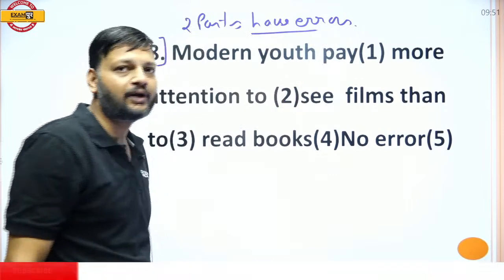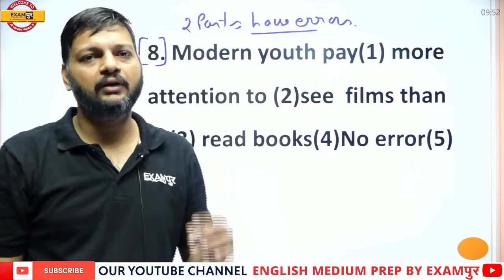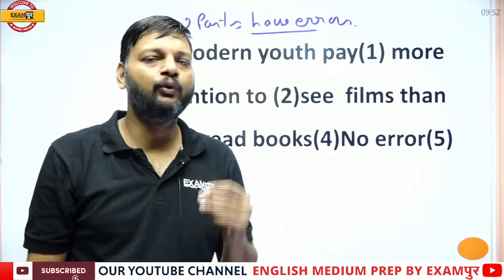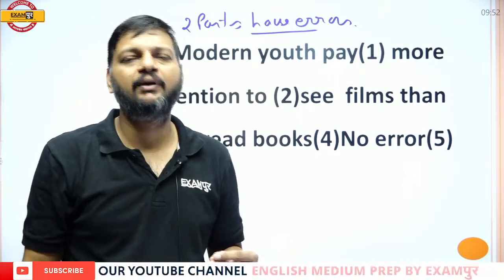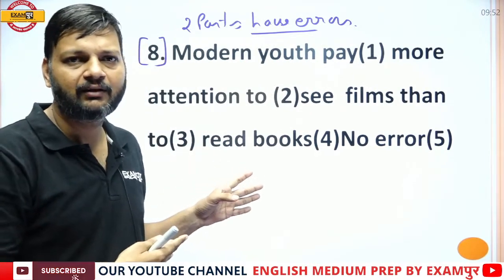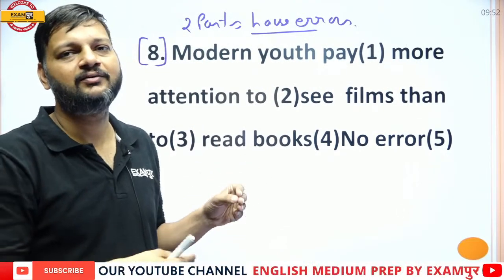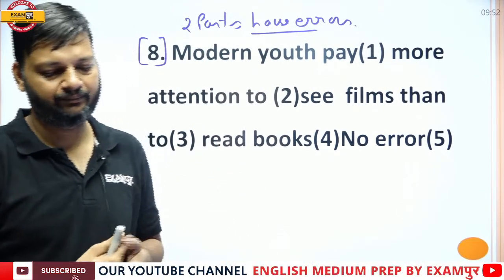Such questions are not asked in examinations, because in your examination a sentence may have only one error, but this sentence has some typing error. So unfortunately two parts of the sentence have error.